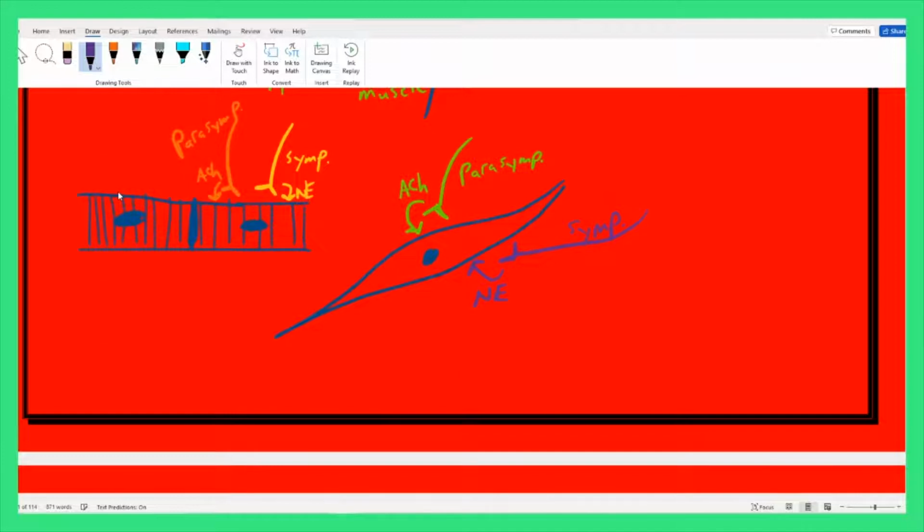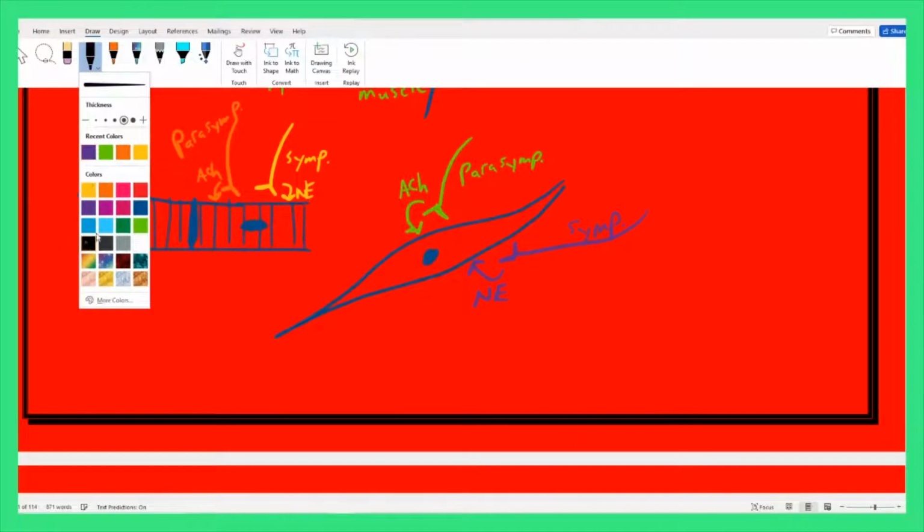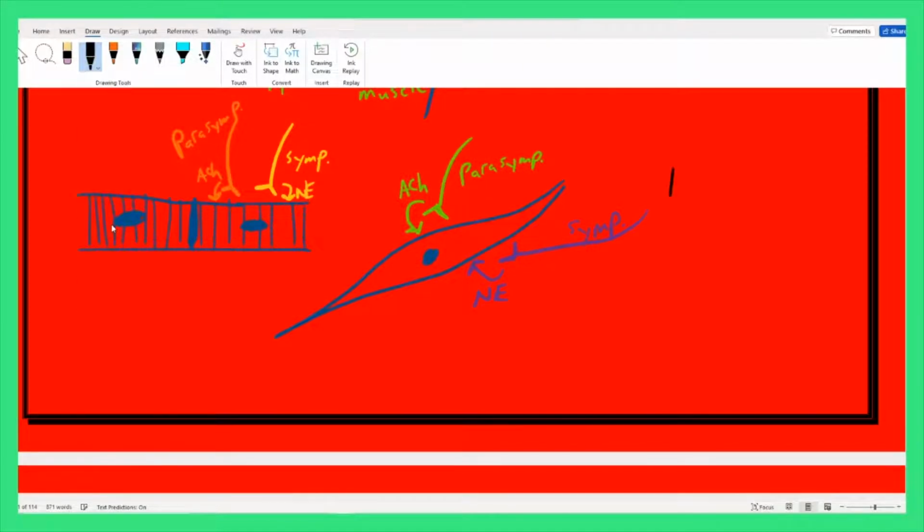This big idea is called, and make sure you write this in your notes, dual innervation. Dual innervation.